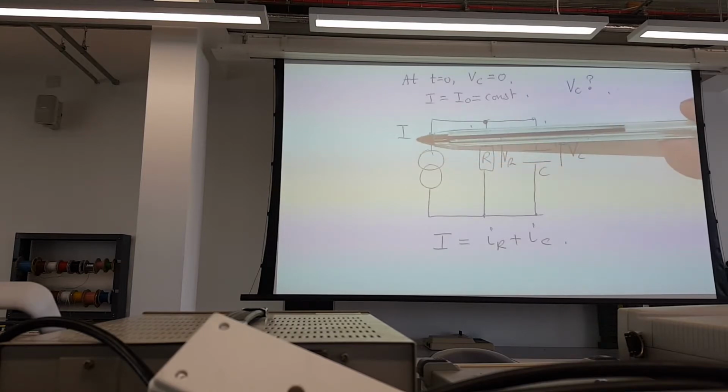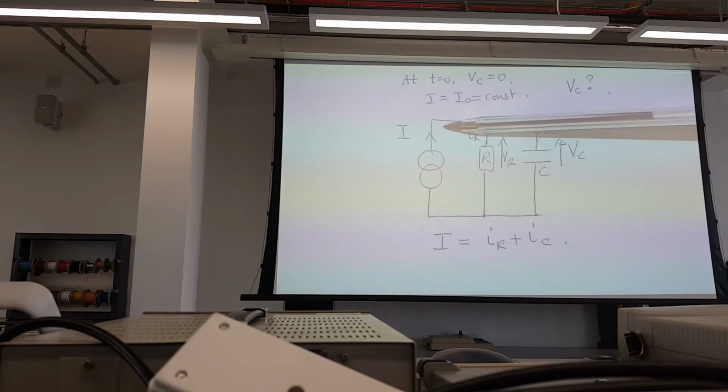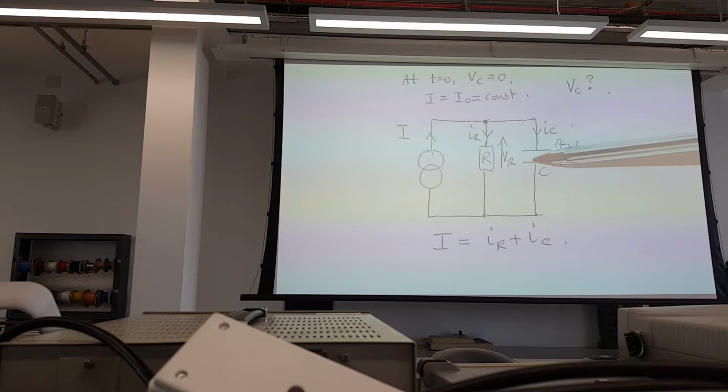This current here, I, which is I naught, which is a constant, is not changing and is feeding these two things here. When it feeds the capacitor, the voltage across the capacitor increases. When the voltage across the capacitor increases, the voltage across the resistor increases. When the voltage across the resistor increases, the current in the resistor increases, doesn't it?